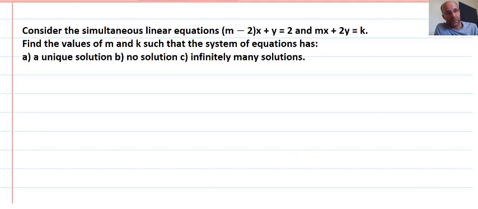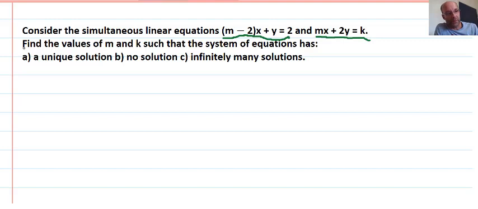Okay, so here we have two simultaneous linear equations involving x and y. It's a bit abstract because we have an unknown m. So we have m minus 2 times x plus y equals 2, and we also have mx plus 2y equals k.